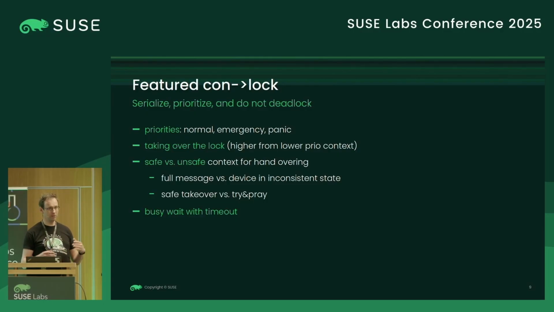And the code has to be ready that it no longer has the ownership, and that the console was used and even the buffers were used by someone else in the meantime. So it has to basically bail out, and yeah.